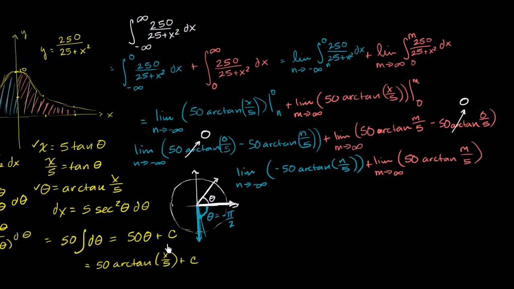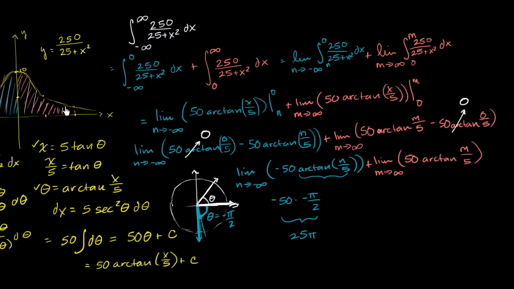So the limit of arctan of n over 5 as n approaches negative infinity is negative pi over 2. Then we multiply that by negative 50. So this is negative 50 times negative pi over 2, which is positive 25 pi.